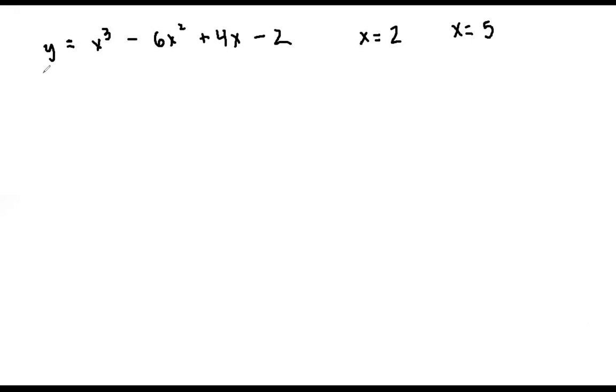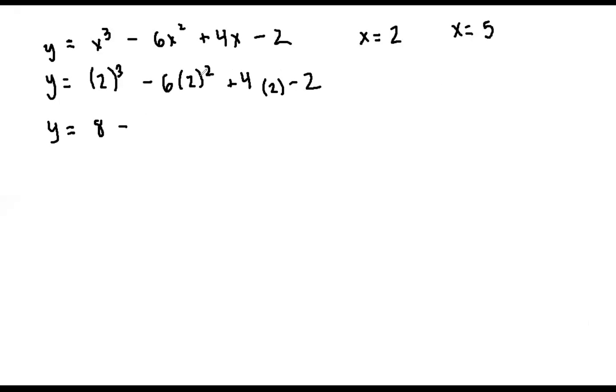So for x equal to 2, we have 2 to the third power minus 6 times 2 squared plus 4 times 2 minus 2. 2 to the third power is 8, minus 6 times 2 squared, and 2 squared is 4, and 4 times 6 is 24, plus 4 times 2, which is 8, minus 2, and I believe that is 16 minus 26, so negative 10. So our first point is (2, -10).